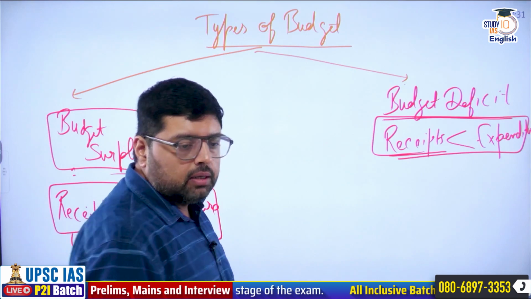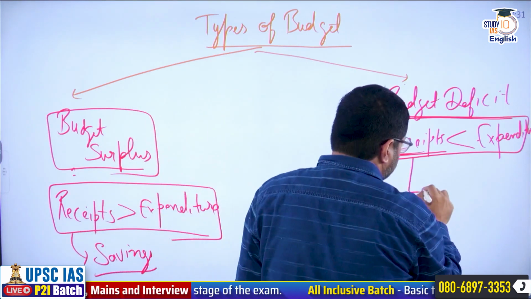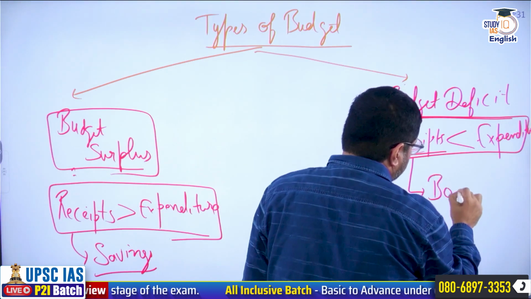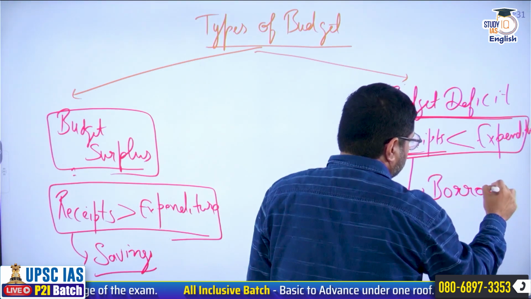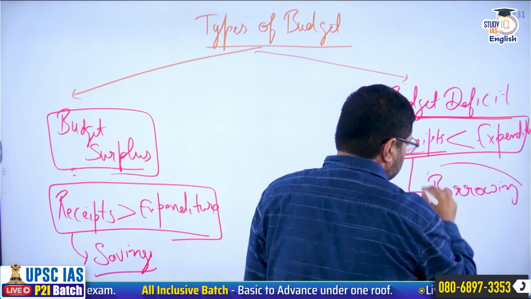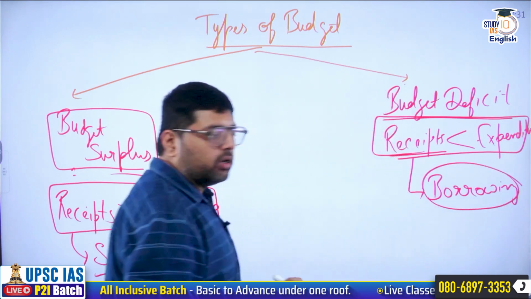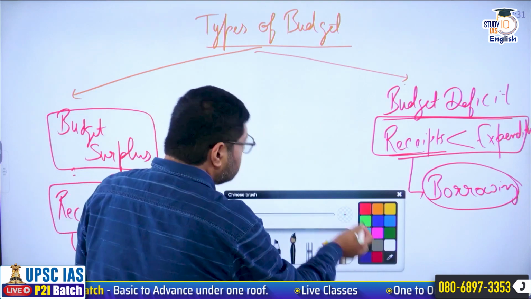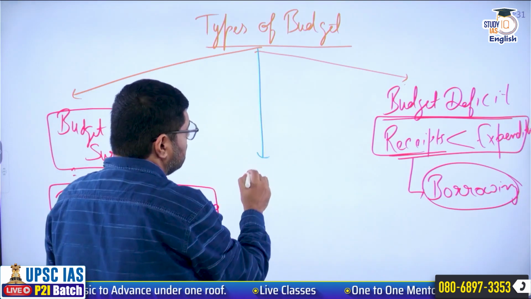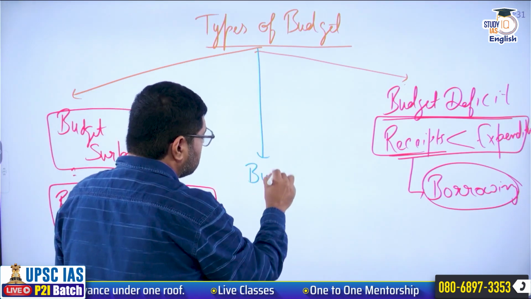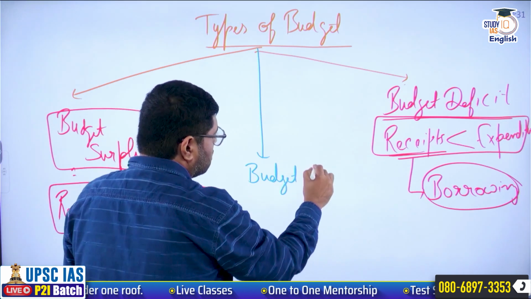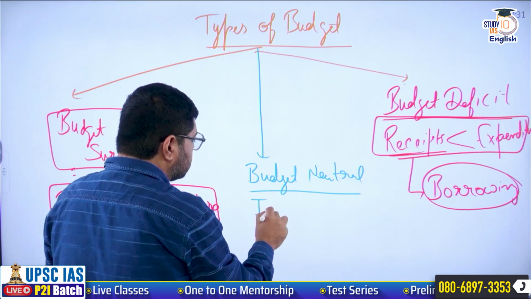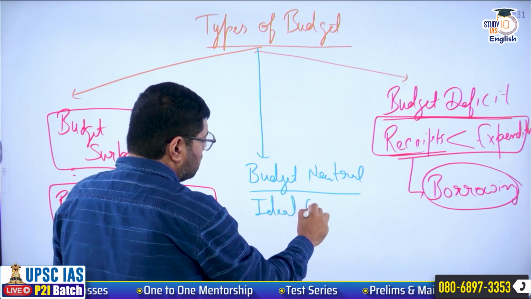In that scenario, the government is taking borrowing to run the government. Although there is a third case, called neutral budget, but that is an ideal case.